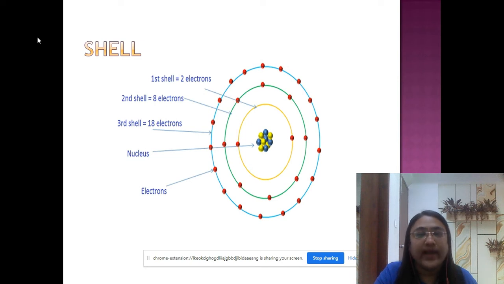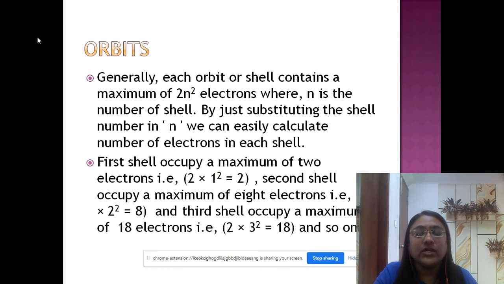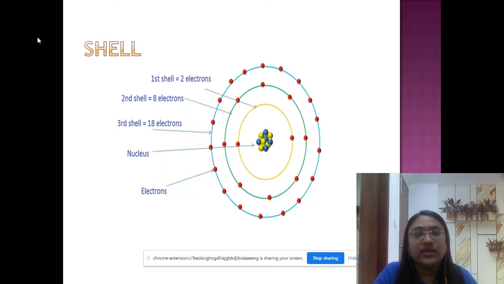How did they find that each shell contains this many electrons? There is a formula for it called 2n square, meaning each orbit or shell contains a maximum of 2n square electrons, where n is the shell number. For example, in the first shell there are two electrons. Why?